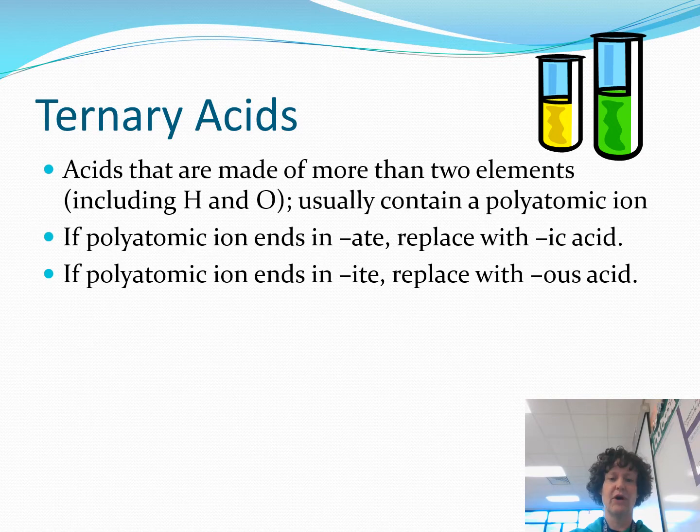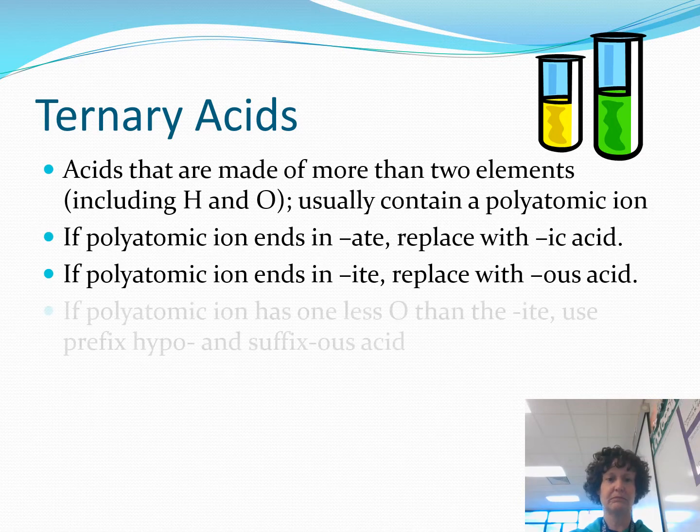One thing that's good to know is that polyatomic ions that end in ate always have one more oxygen than the comparative polyatomic ion that ends in ite. Kind of like nitrate is NO3 minus, nitrite is NO2 minus. So that's a good thing to keep in mind as well.